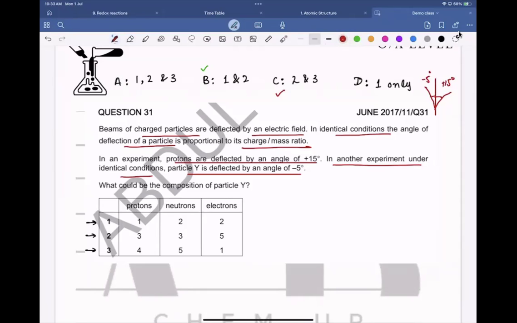So from this, I'm sure that particle Y must be negatively charged, isn't it? Yes, sir, because if it is positively charged, then its angle of deflection must be positive. Did you understand this? Yes, sir.